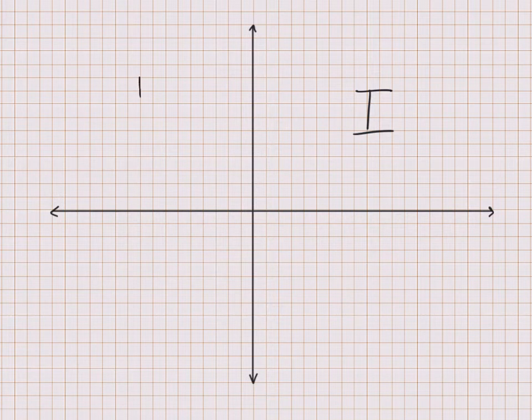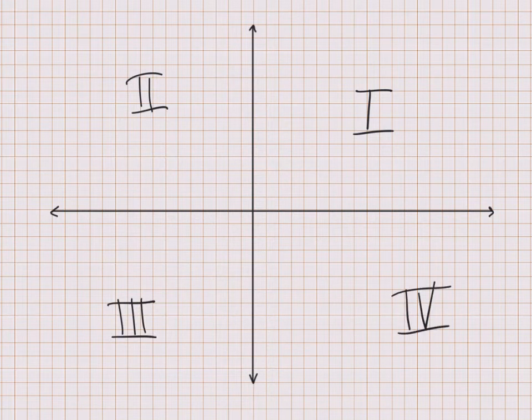So 1, 2, 3, and 4, and those are the four quadrants and their numbers. So if I say something about the fourth quadrant or a point that is in the fourth quadrant, I'm talking about a point that's down in this region in here. That point is going to have a positive x value and a negative y value.